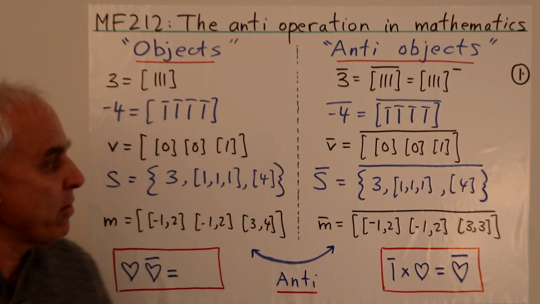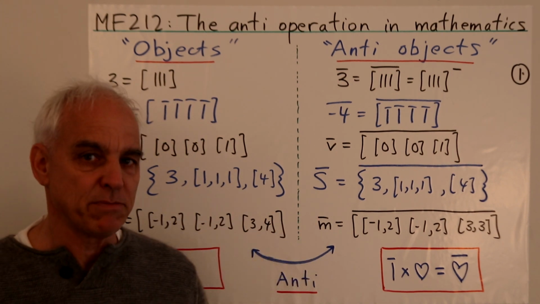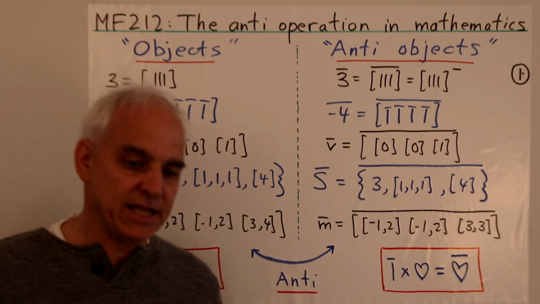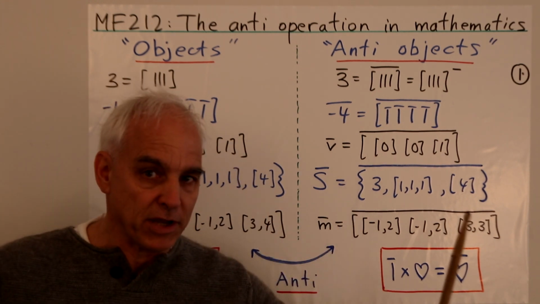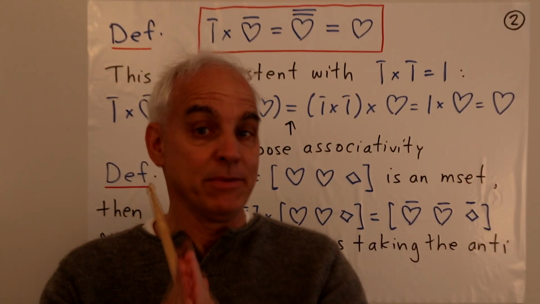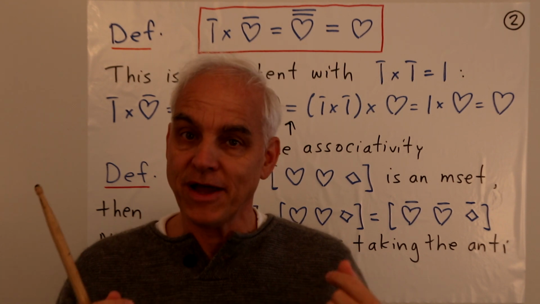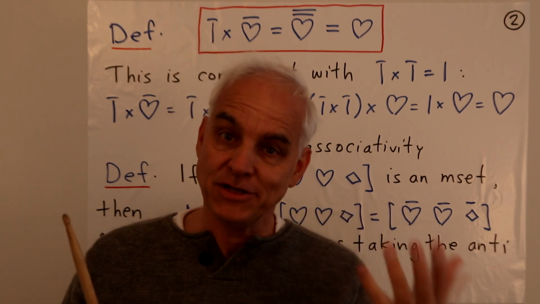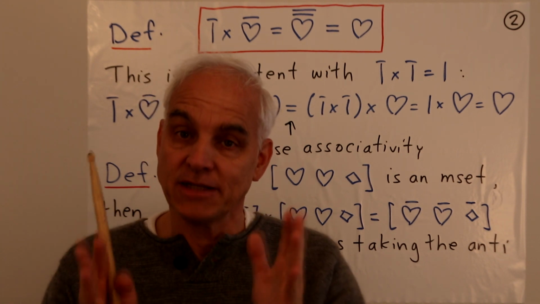So in today's video, we want to talk a little bit more about this symmetry, get a little bit more experience with it, and then move to seeing how it actually helps us in setting up a wider theory of vexels and maxels. Now, to get a full symmetry between objects and anti-objects, we're going to want that the anti of an anti-object is the original object. So we're going to introduce that as a definition.